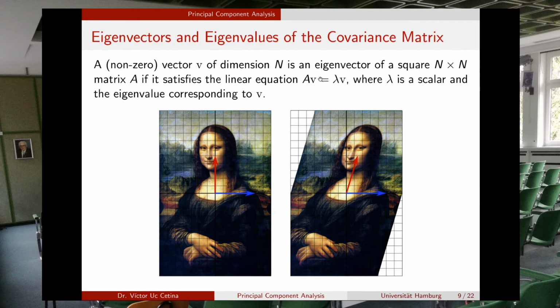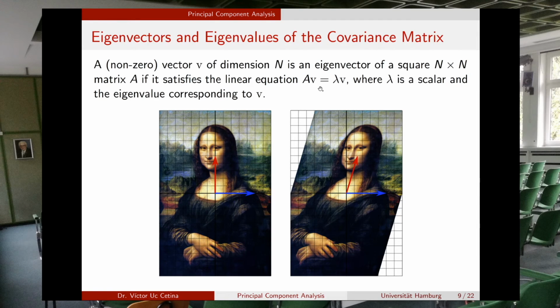What we're saying here is that if we have this matrix and we multiply it by v, the result here is going to be a vector, okay? And this vector should be the same if we simply scale the vector by multiplying it by a constant, by a number, by a scalar, okay?